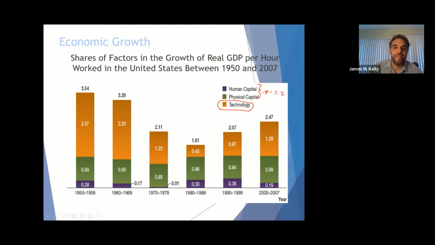So you see that a larger proportion of productivity growth is coming from technology, but there are also these increases in human capital and in physical capital that have led to increases in productivity.